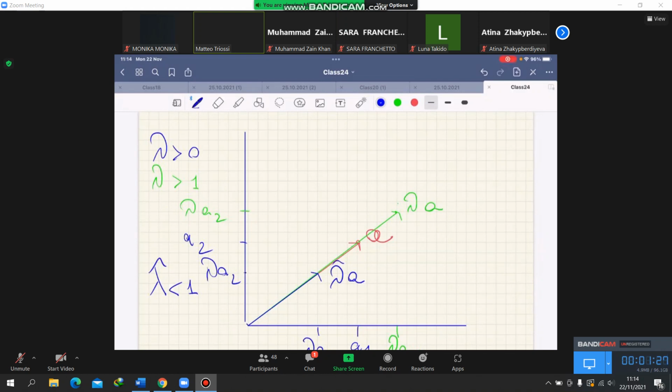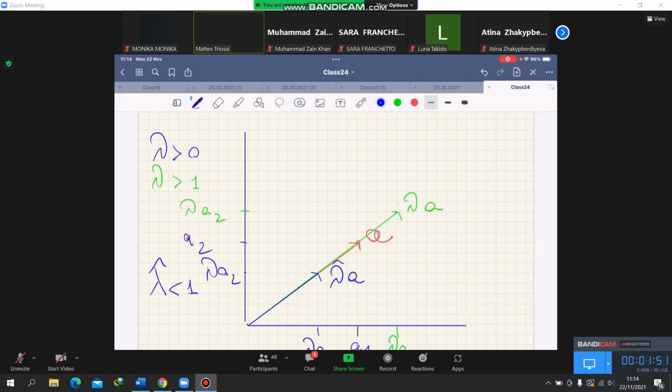So the multiplication by a scalar, by a positive scalar, is simply an expansion or a contraction of my vector. Nothing particularly exciting, I know, but it's graphical intuition.